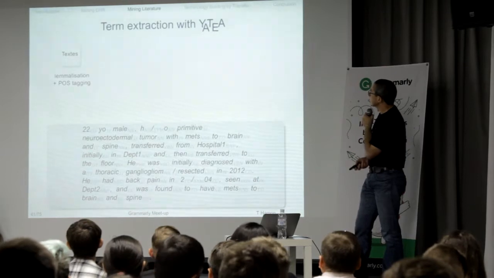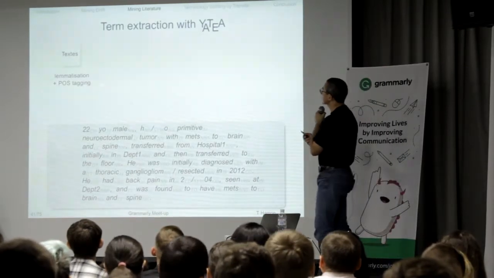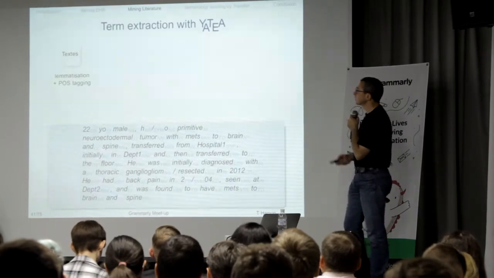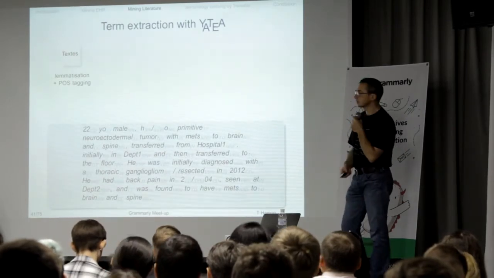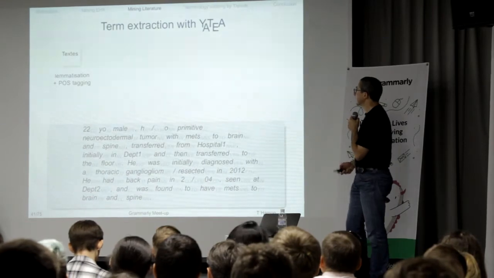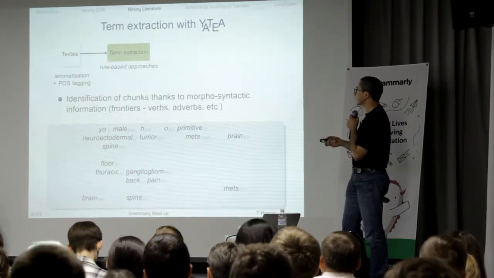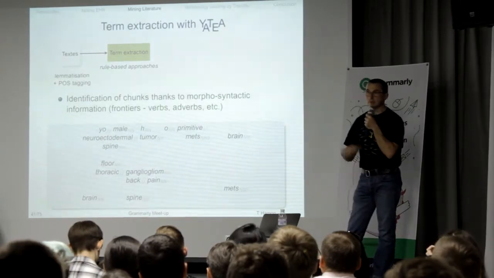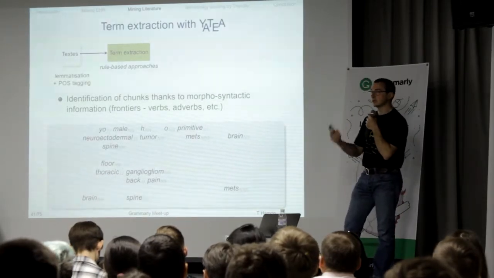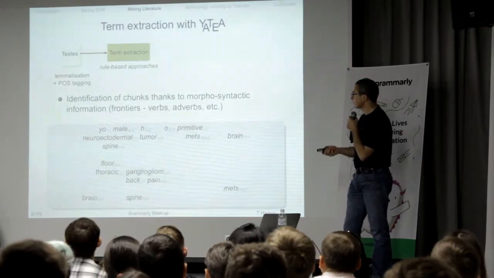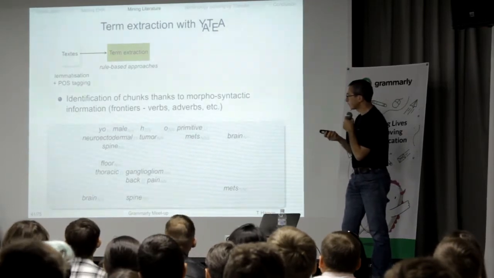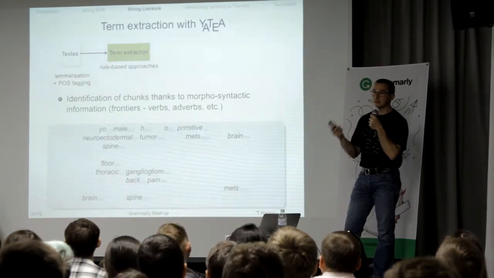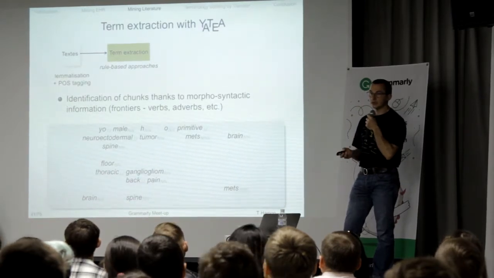So how does it work? Term extraction with YaTeA starts with text which is lemmatized and POS-tagged. Then we try to identify chunks, not with regular expressions, but by considering that all the parts of the text which cannot be part of terms are the frontiers.